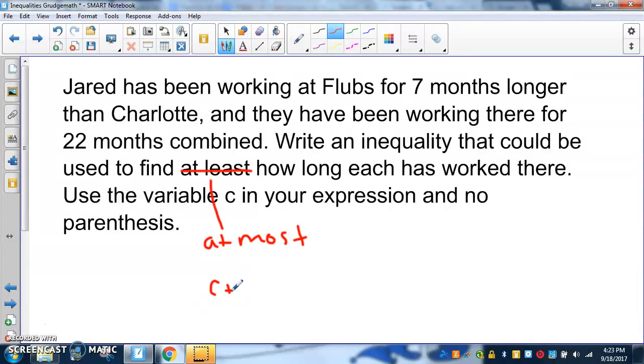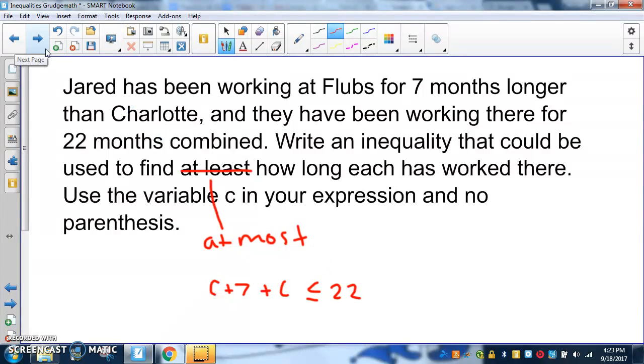The only difference is, rather than equals 22, choose the appropriate sign. At least would be greater than or equal to 22, where at most would be less than or equal to 22. And you're going to solve it using the same way. You just get an inequality as your answer rather than an equation.